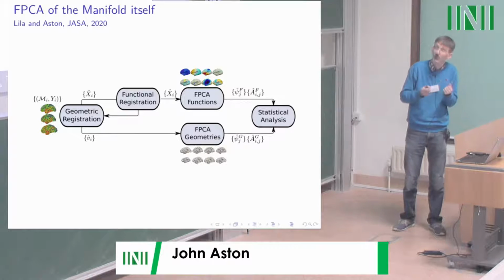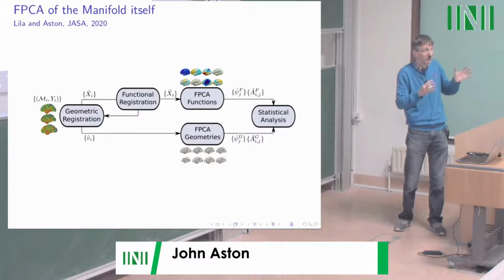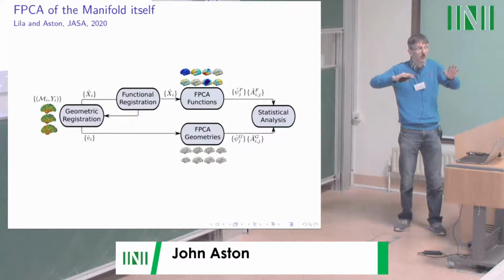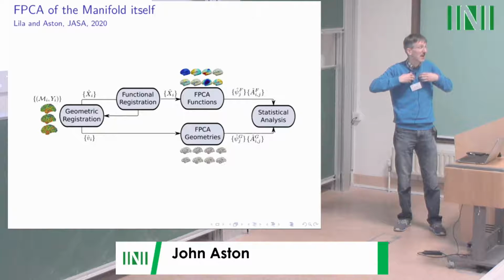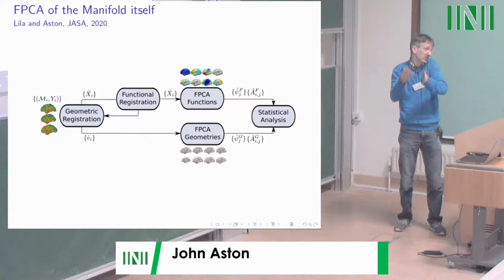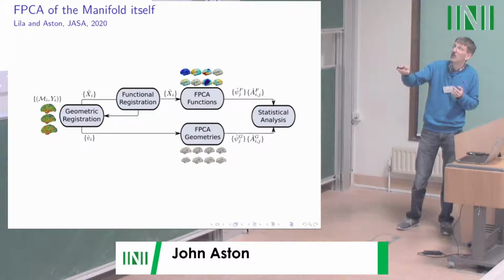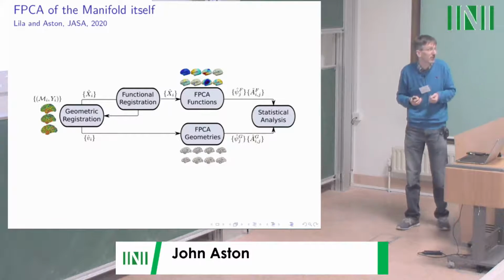So what I want to know is, do those functions that we've seen before depend on whether you started off with a brain shape that was relatively smooth or a brain shape that had more sulci in? My brain shape may have more sulci in one area, less sulci in another. Your brain shape may have more sulci in that second area and less in the first. Does that affect the kind of signals I see on the brain itself?